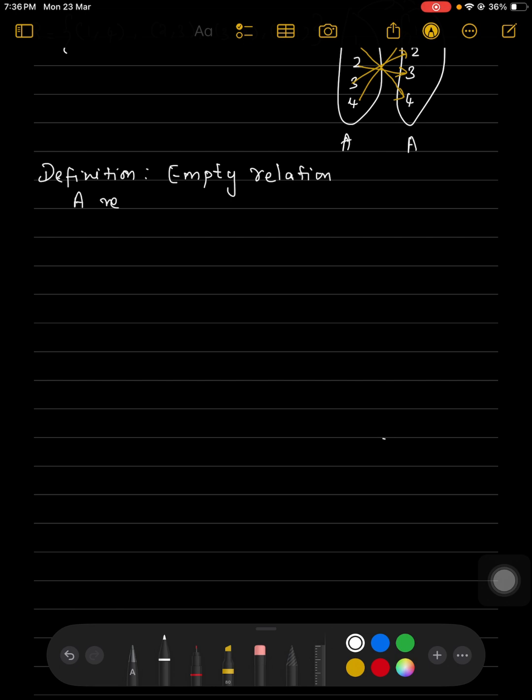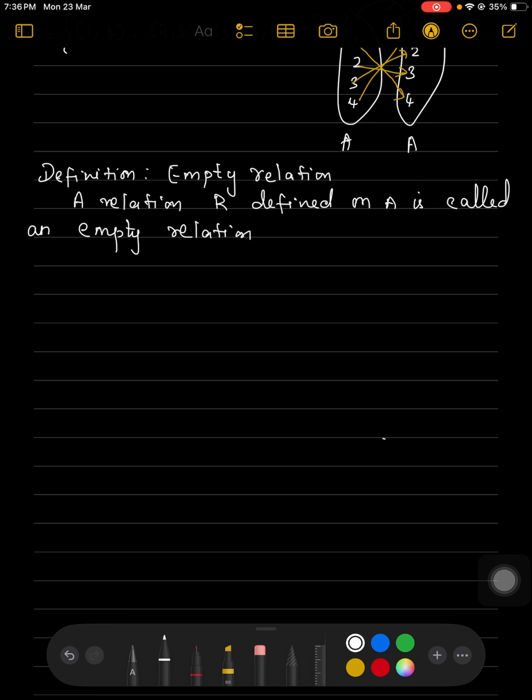A relation R defined on A is called an empty relation if R is equal to the null set. There are no elements satisfying.